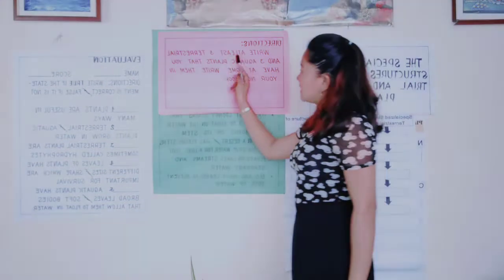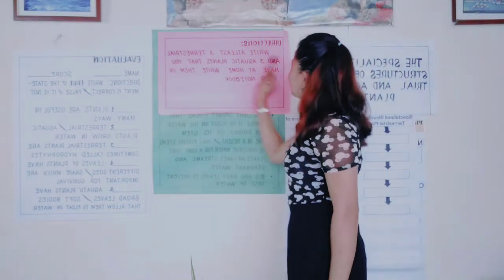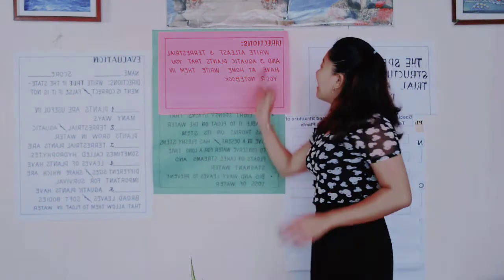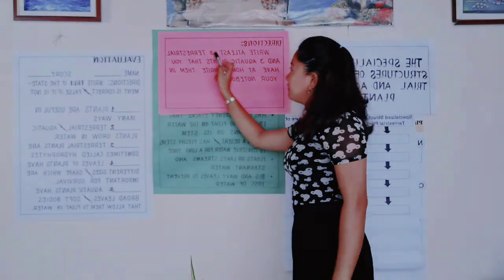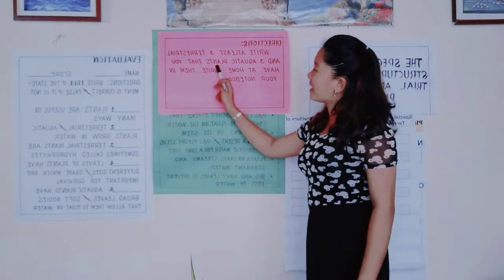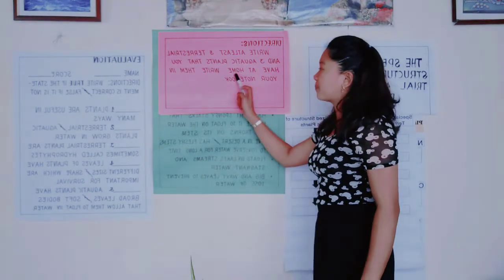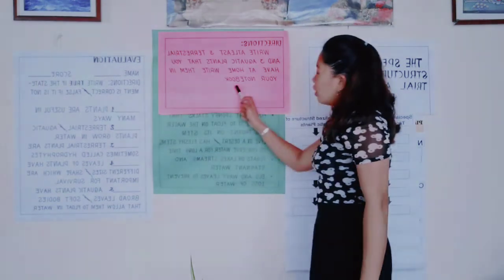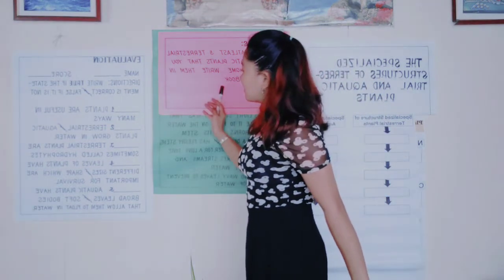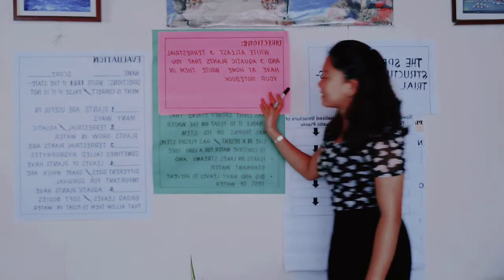Write at least 5 terrestrial and 3 aquatic plants that you have at home. Write them in your notebook. So, this is your assignment. Please copy it in your notebook.